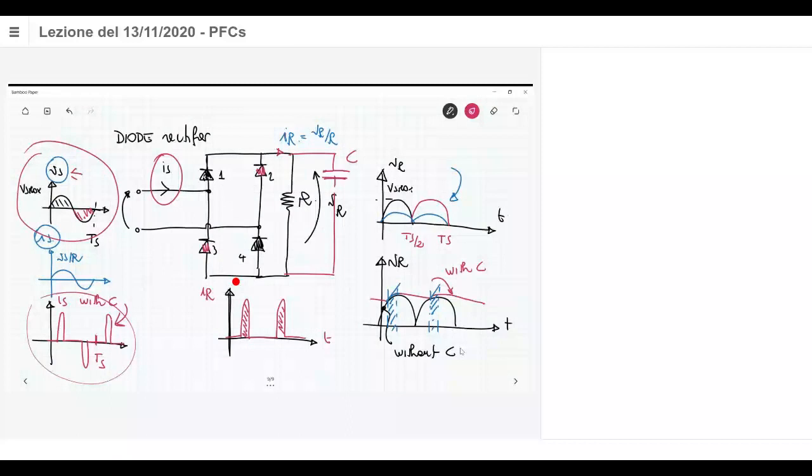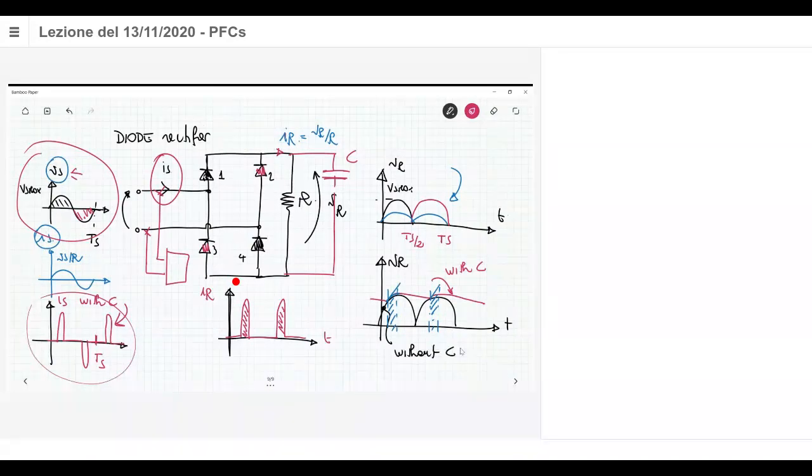If you decompose this waveform into a Fourier series, you have the fundamental plus a lot of harmonics. These harmonics are harmful in terms of electromagnetic compatibility, for example. They can be injected into other equipment connected to the same network. For example, here you can have another equipment, totally different from the rectifier-powered circuit, connected to the same fixed source of energy or electrical mains, that has some interference due to the fact that you are injecting harmonics into that network.